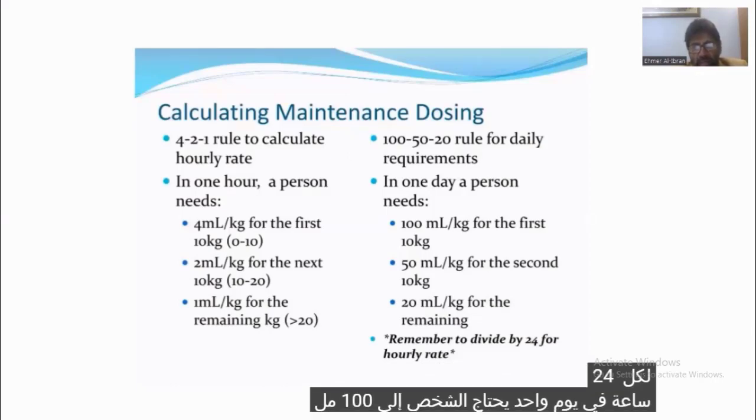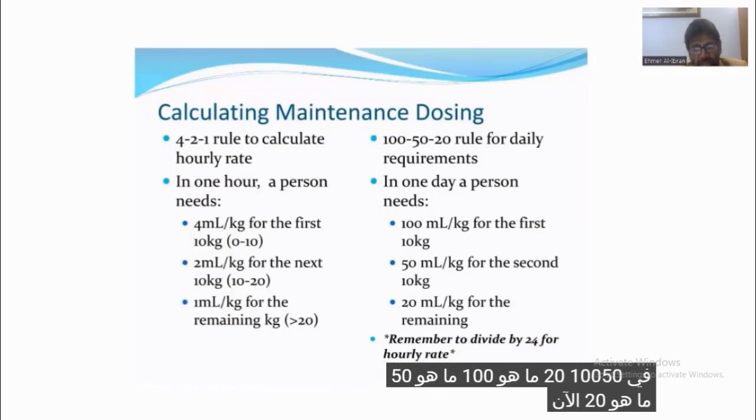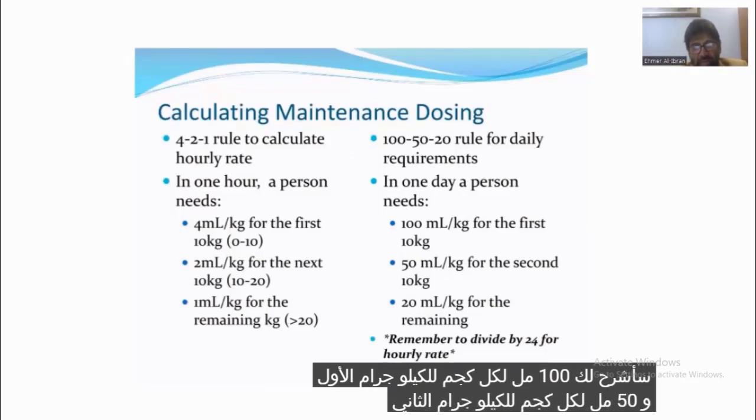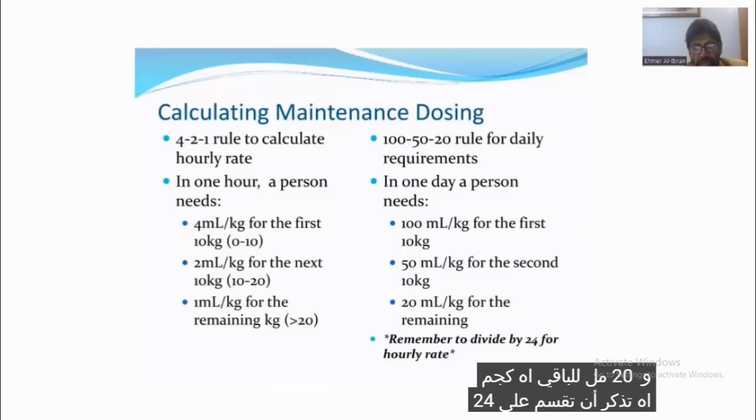In one day, a person needs 100 ml in 150-20. What is 100, what is 50, what is 20? Now I'm going to explain to you. 100 ml per kg for the first 10 kg, and 50 ml per kg for the second 10 kgs, and 20 ml for the remaining kgs. Remember to divide by 24 for hourly rate.